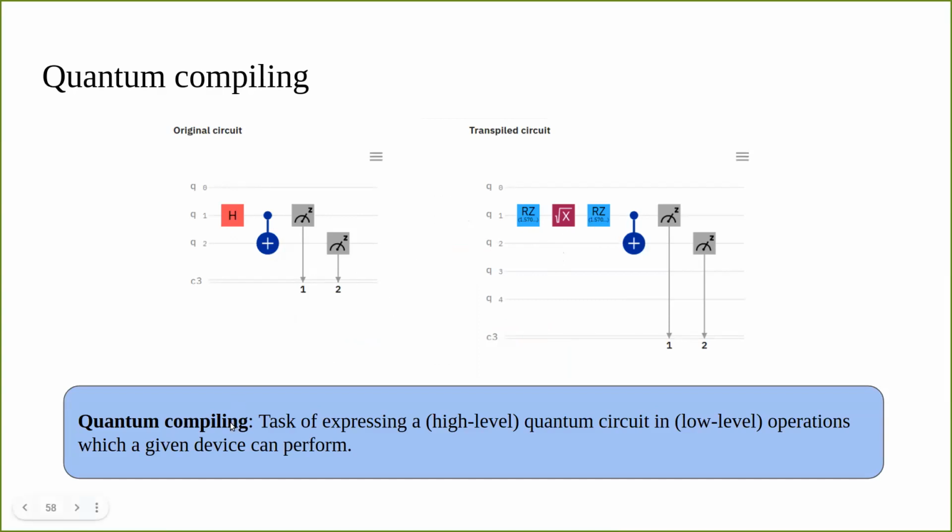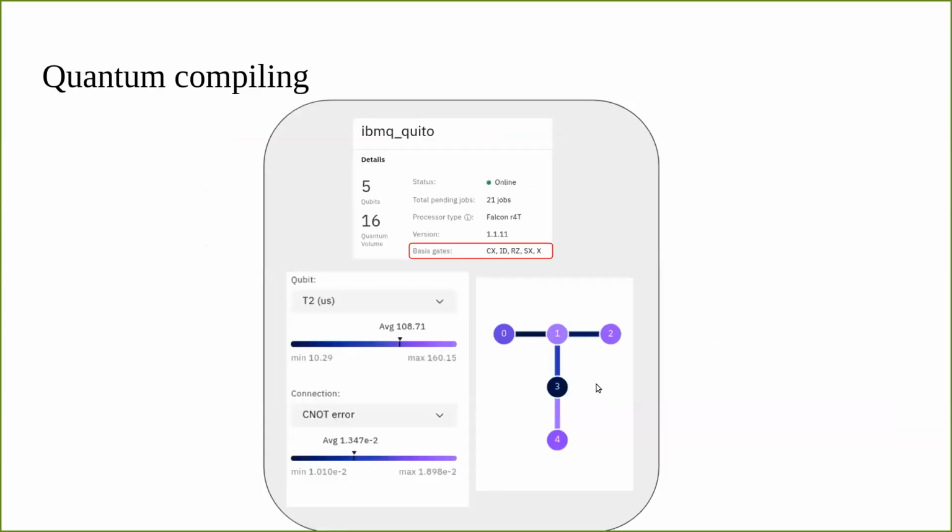We can define it as the task of expressing a high-level quantum circuit in low-level operations that a given device can perform. That includes both the basis gates, as well as the couplings, so which qubits you can do 2-qubit gates between. That's represented by the edges here.